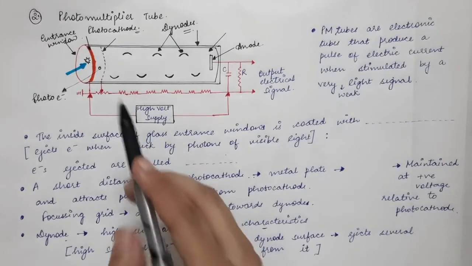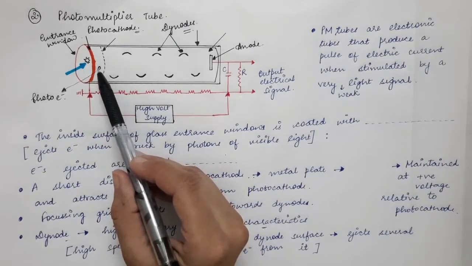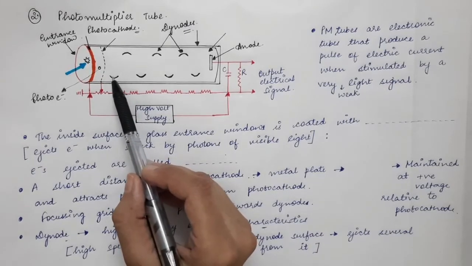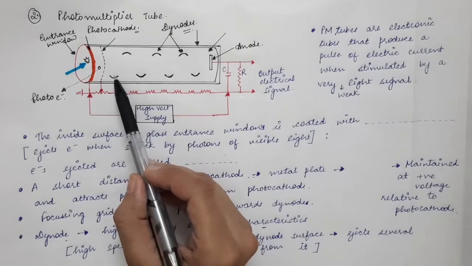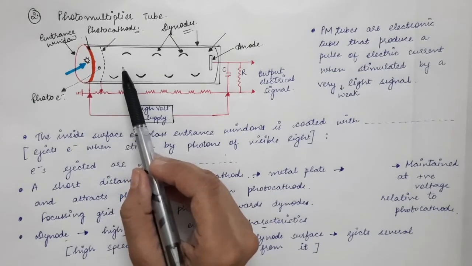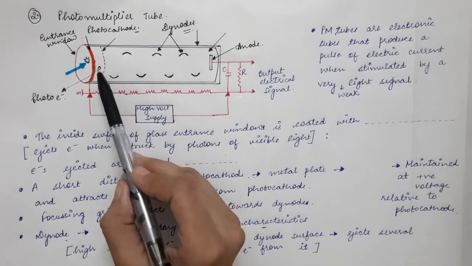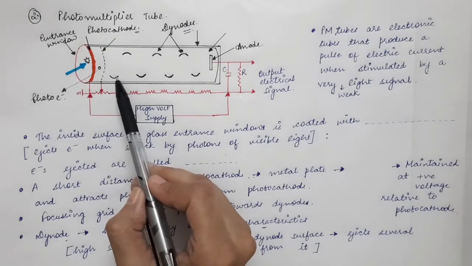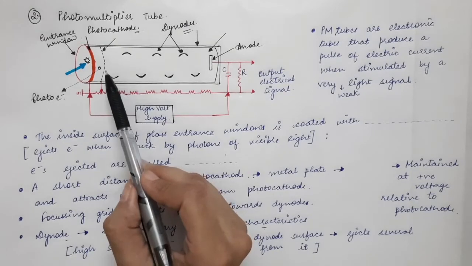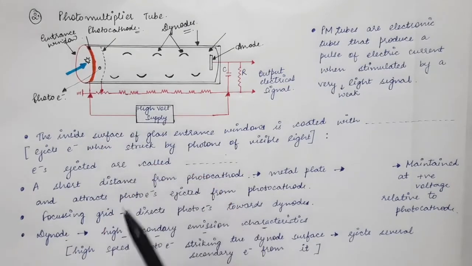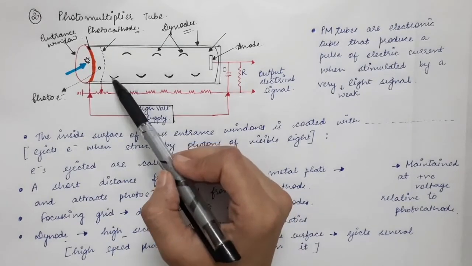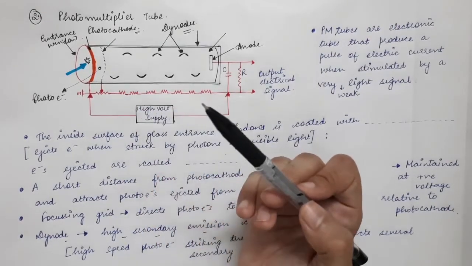It means that when one photoelectron strikes this material, strikes the diode, in return this diode emits large number of electrons. So the material coated on this diode has high secondary emission characteristics, means in return it will emit large number of electrons.